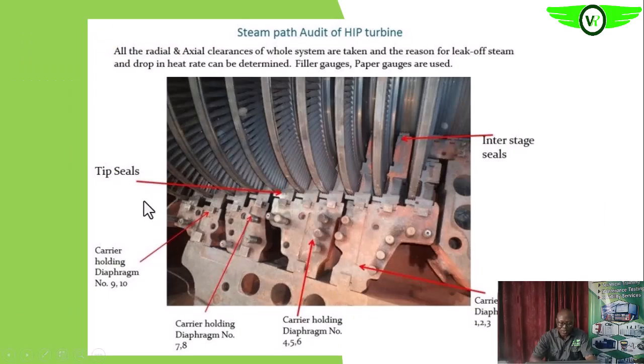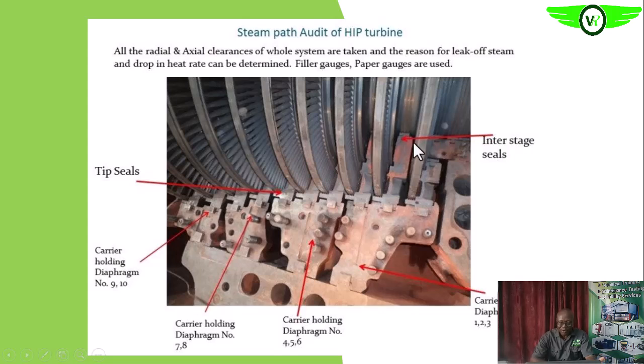So all the tip seals and the interstage seals, the tip seals like all of these ones, are sealing between the top of the rotating blade and the stator itself, and the interstage seal ensures there will not be unwanted leakage or passage of steam from one stage to another.